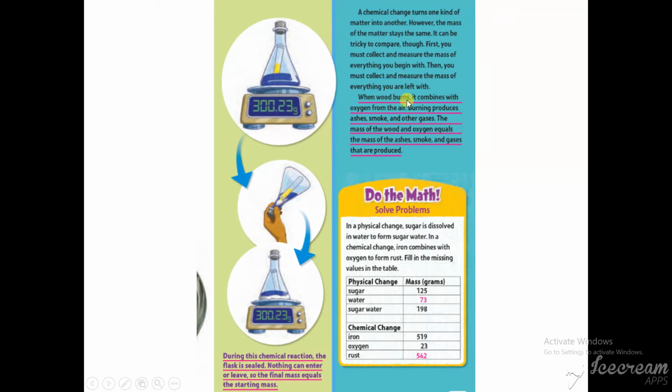When wood burns, it combines with oxygen from the air, and then, listen to me, I again do the reaction. First of all, this is called a conical flask. It is sealed. Nothing can enter inside or leave. So the final mass equals the starting mass.